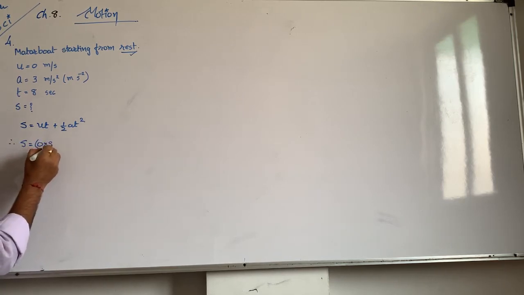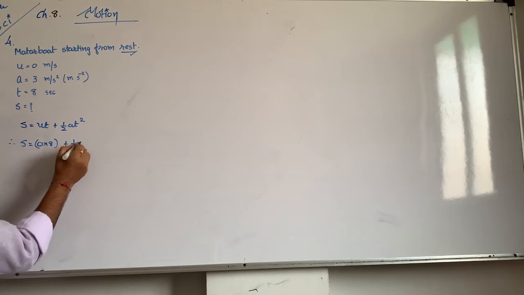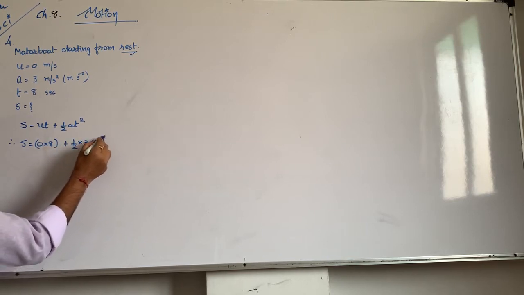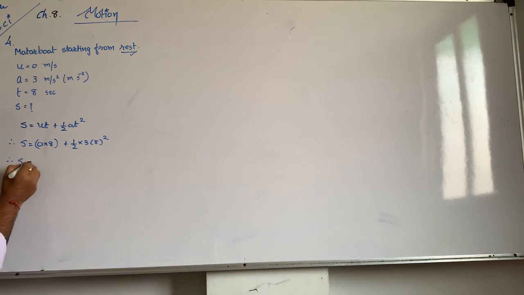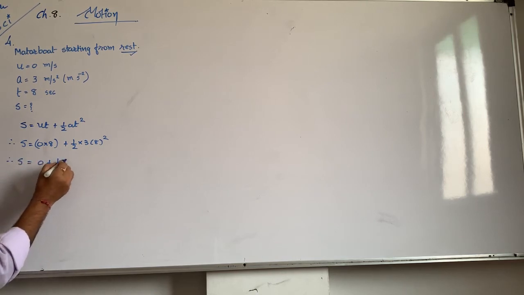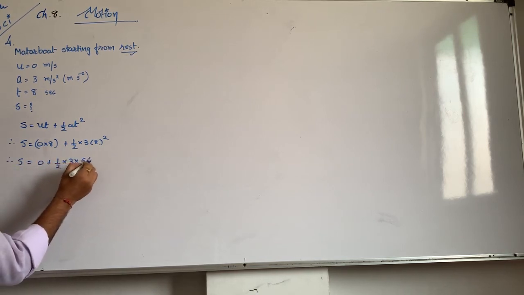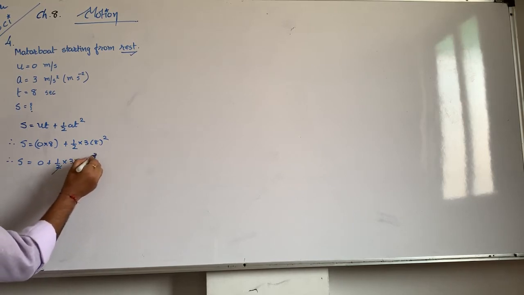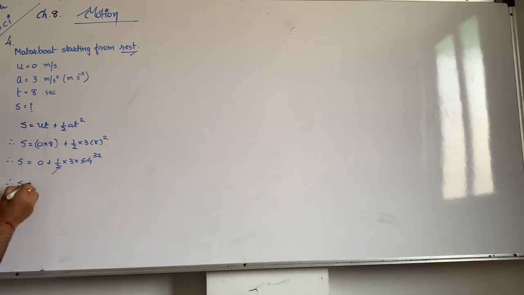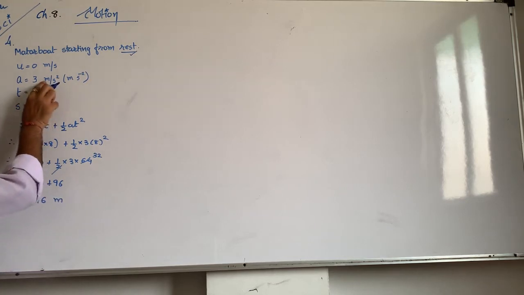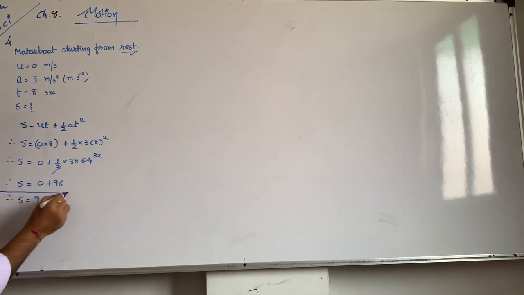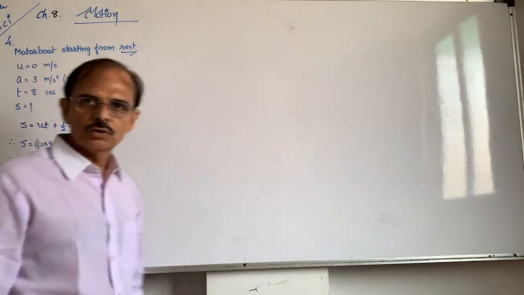So 0 into time 8, plus half into 3 into 8 square. 0 into anything is 0, plus half into 3 into 64. Half of 64 is 32, 32 3s are 96. So S equals 96 meter, because here it is meter. So 96 meter distance is covered by the motorboat.